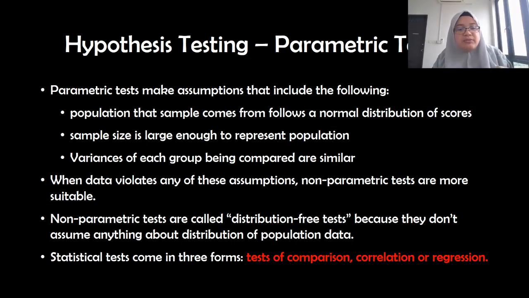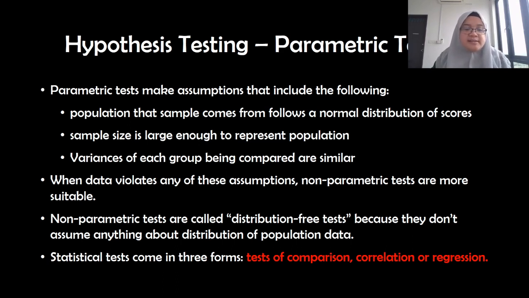So if the data violates any of these assumptions, we need to use non-parametric tests, which will be more suitable for our hypothesis testing instead of parametric testing. The non-parametric tests are called distribution-free tests because they don't assume anything about the distribution of population data.